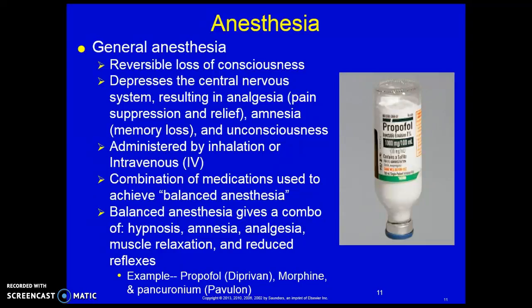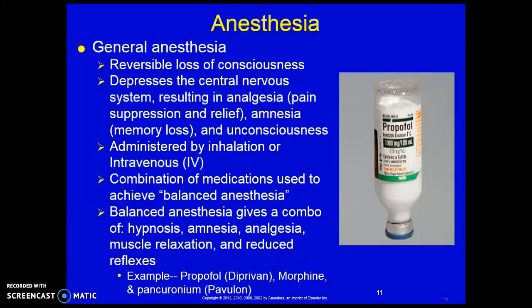So anesthesia. There's a picture of propofol there, also known as Diprivan. That's the drug that Michael Jackson overdosed on. But general anesthesia itself is reversible loss of consciousness, so we can wake them up. It depresses the central nervous system, resulting in analgesia, so that's pain suppression and relief, amnesia, which is memory loss, and unconsciousness.